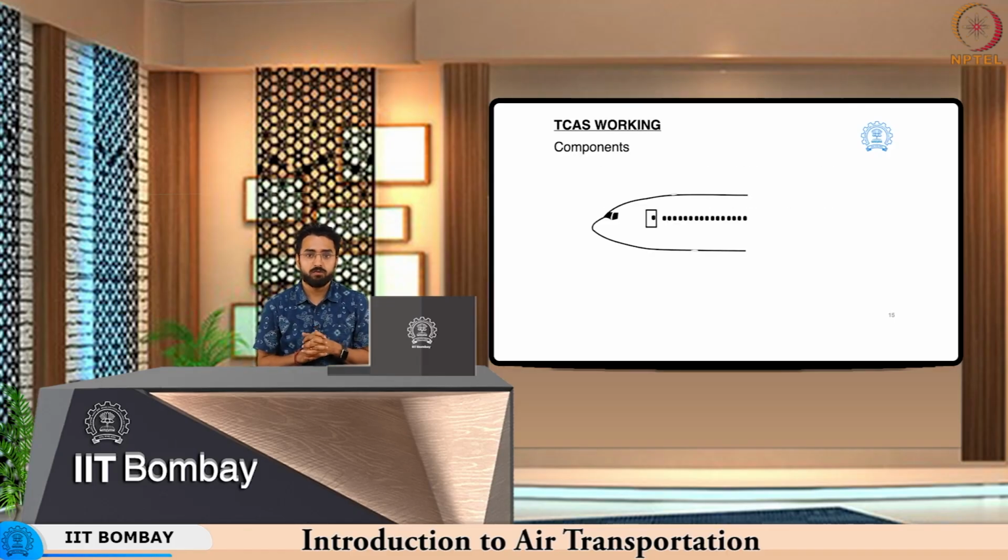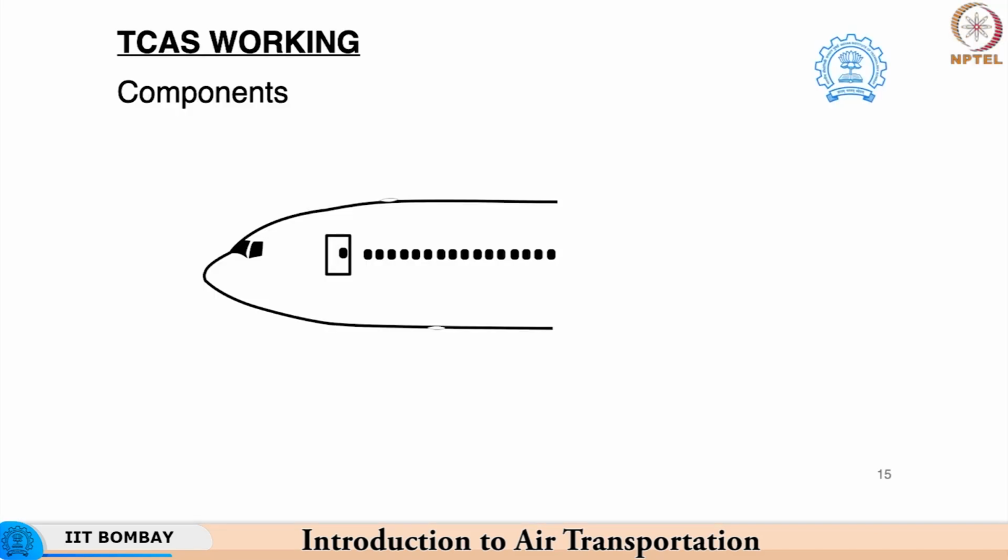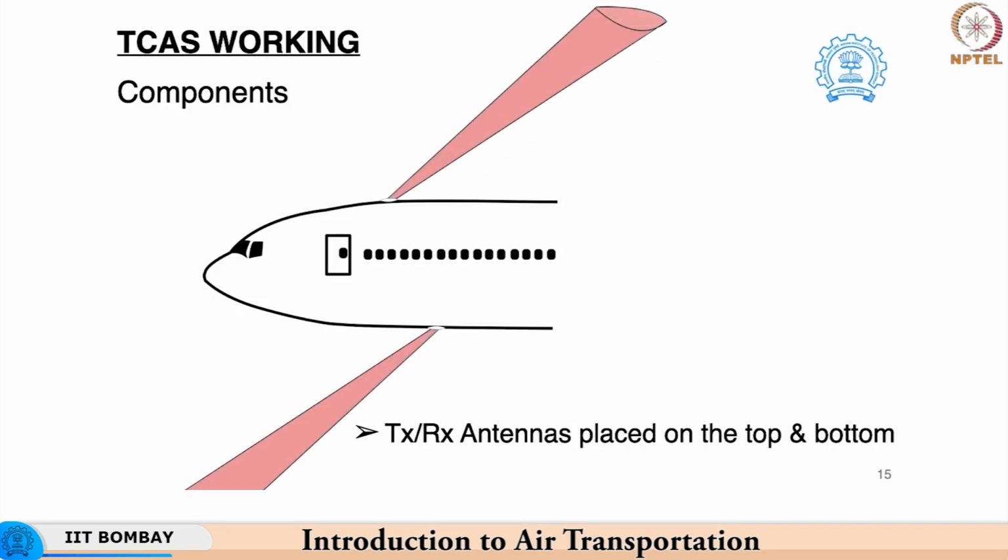How does this particular system work? In order to understand the working, we need to understand the different components involved in this system. Firstly, there are two transmitter receivers that are placed on the upper and the lower surface of the aircraft, which transmit out signals or interrogation signals in a spatial manner all across the azimuth.